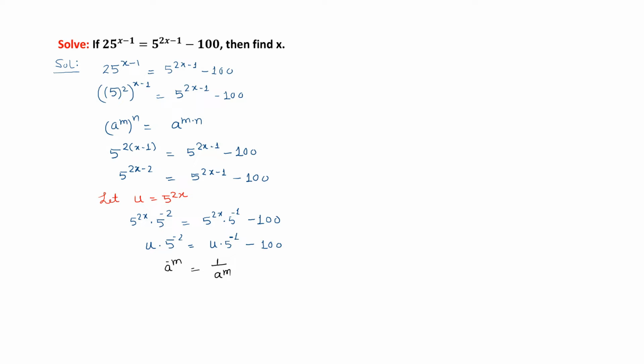So u times 1 upon 5 to the power 2 is equal to u times 1 upon 5 to the power 1, minus 100. Here 5 to the power 2 is 25. So u divided by 25 is equal to u by 5 minus 100.